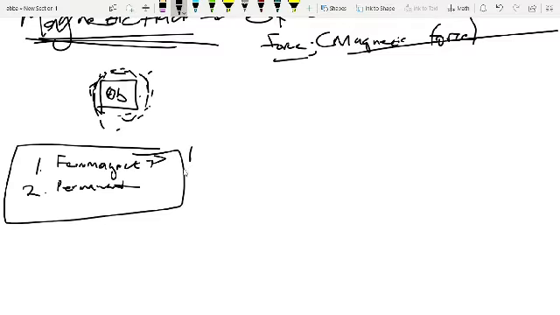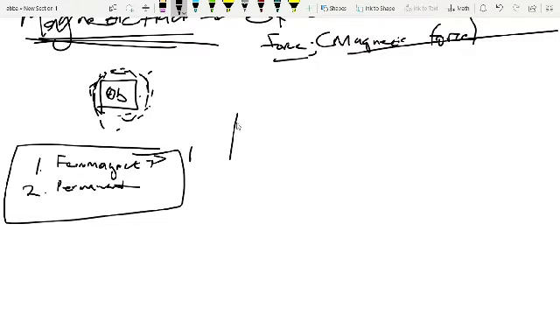Now, in each domain of a ferromagnet, the electron magnetic fields are pointing in the same direction, causing a net magnetic field, big wide arrows in each domain. They all point in the same direction.